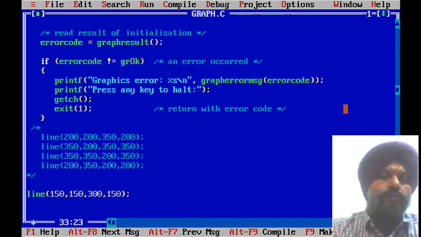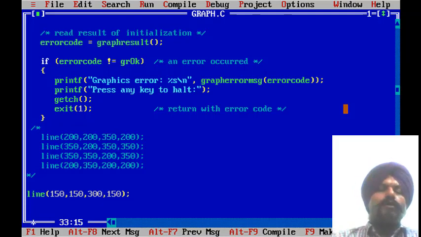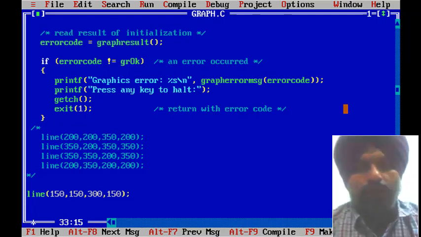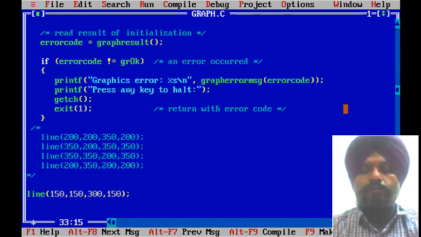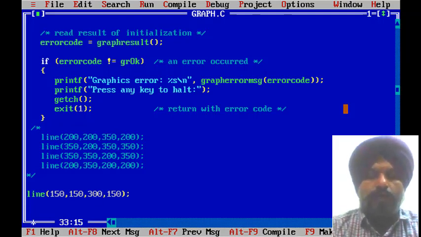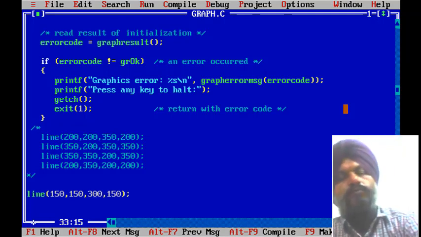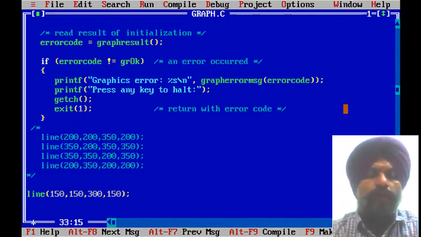The mid value of this base means our starting value of the x-axis is 150 and the ending value is 300, so there is a 150 difference between the starting and ending point. So the mid value becomes 75. If we add 75 to the x-axis value, that becomes the mid value of the x-axis for any side of the triangle.